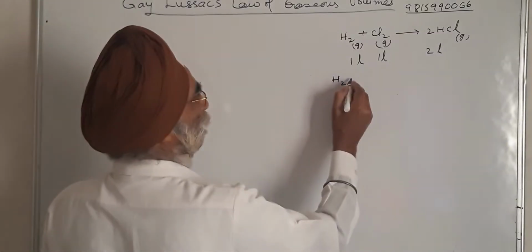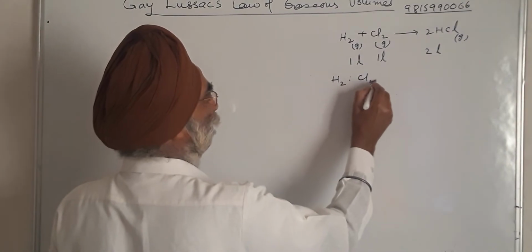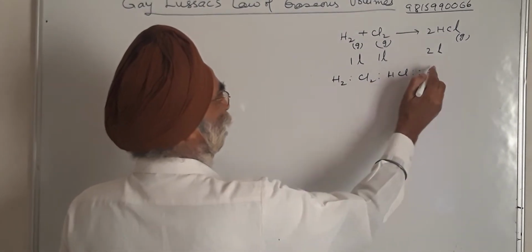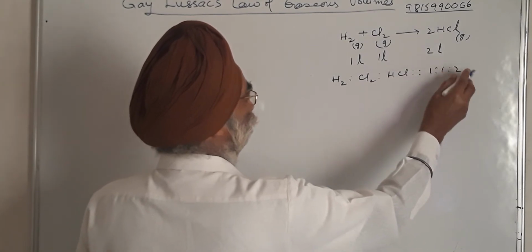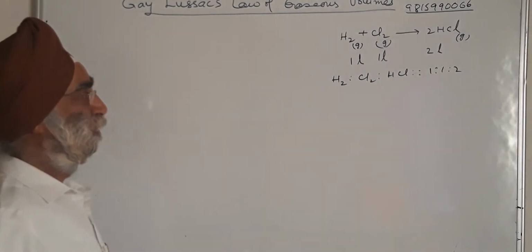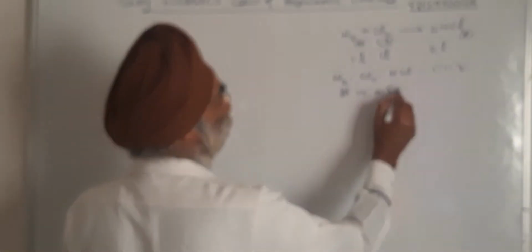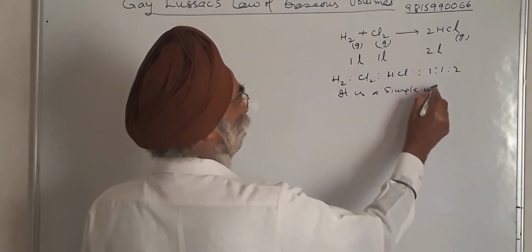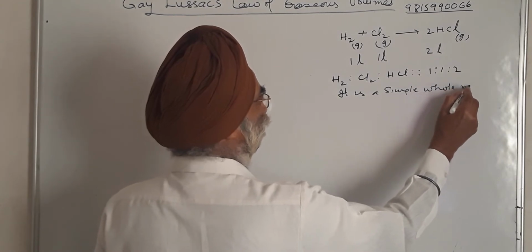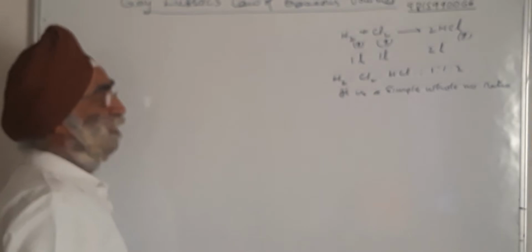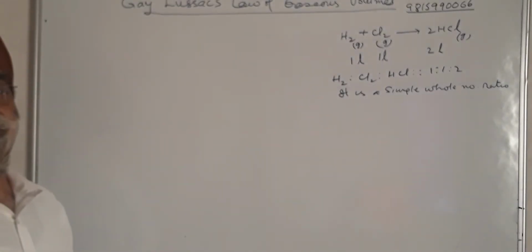The ratio between volumes of hydrogen, chlorine and HCl is 1 is to 1 is to 2. It is a simple small whole number ratio.